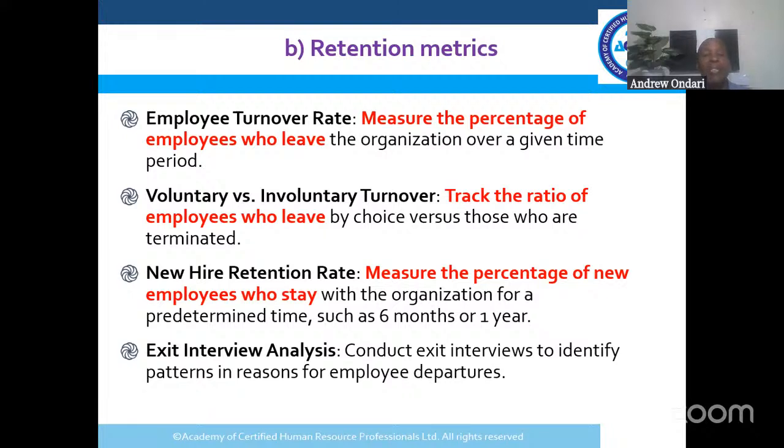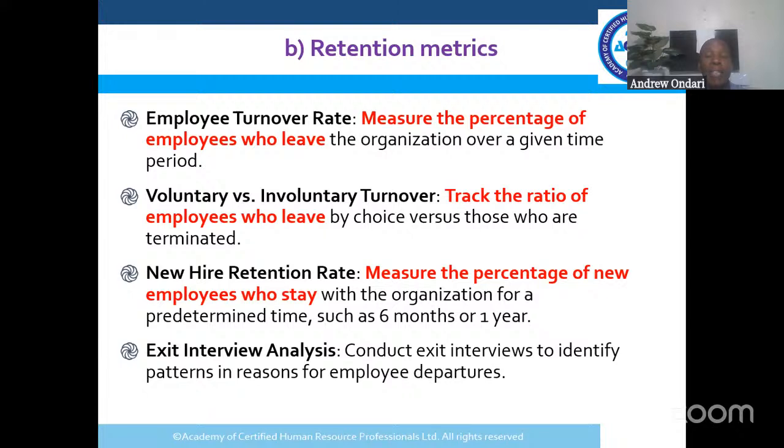Secondly is voluntary and involuntary turnover. Voluntary turnover can be 3 in number. 1, early retirement. 2, resignation. And 3, voluntary layoff. That is voluntary. Involuntary turnover is where an employee is forced to leave the organization against their will.